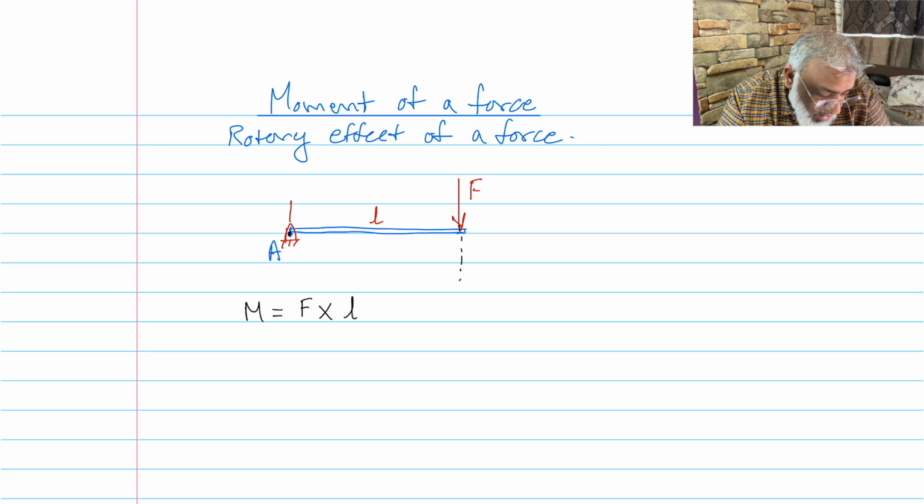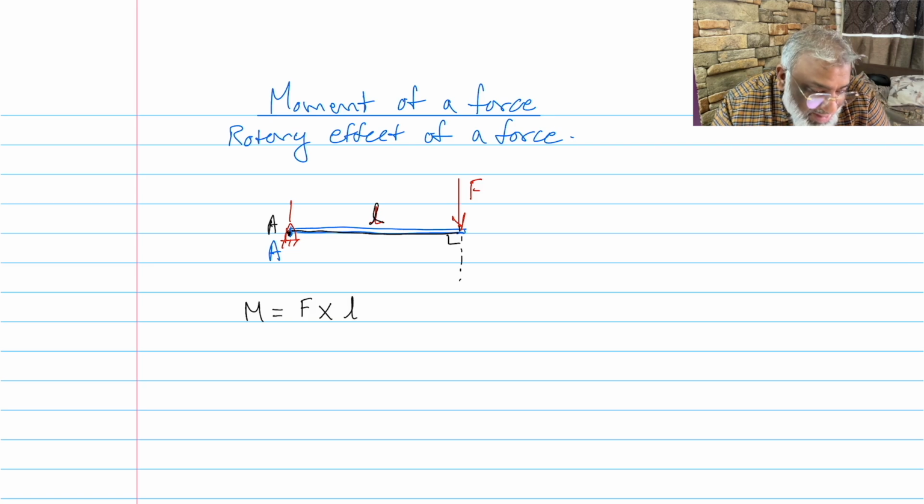So you see, this is the fixed point A and this is the line of action of the force. The perpendicular distance is nothing but L, that is what we have here. So this will give you the value of the moment.